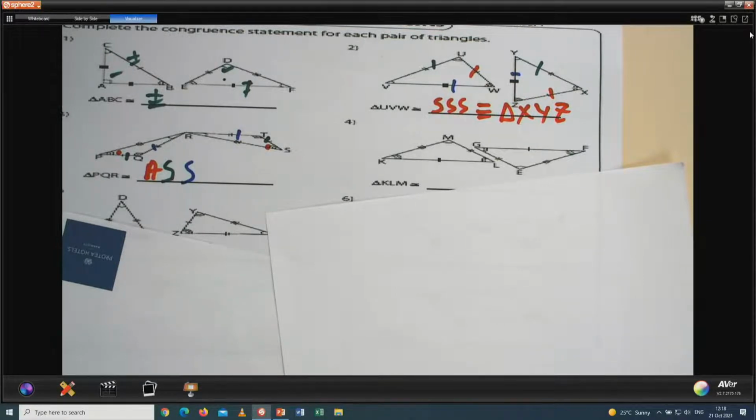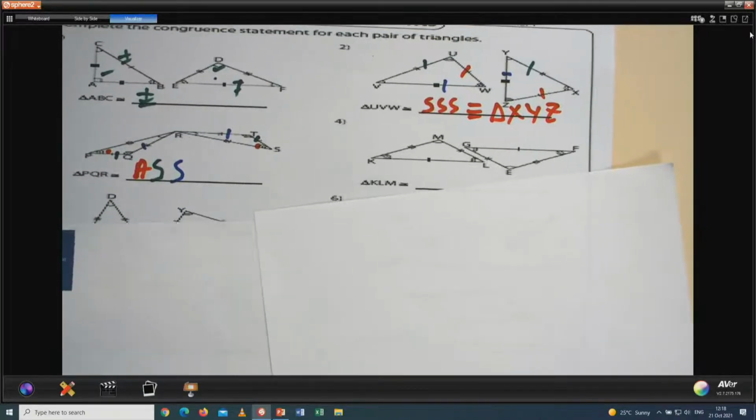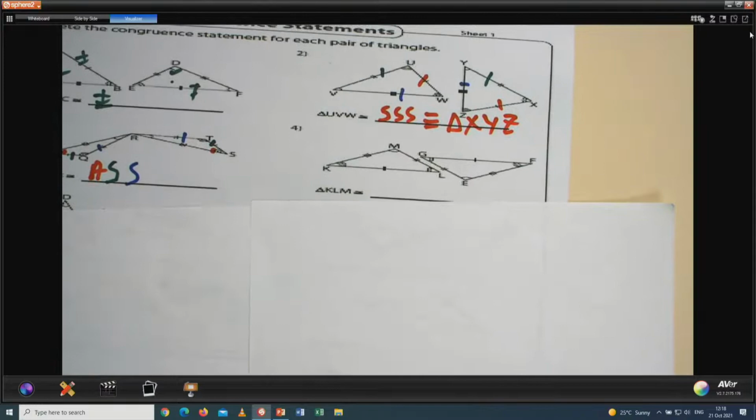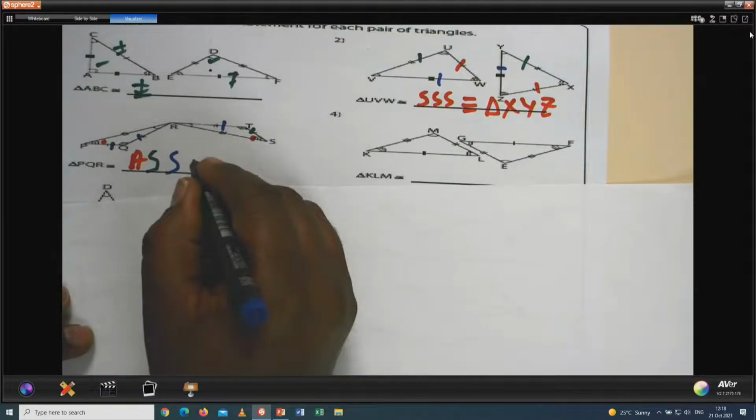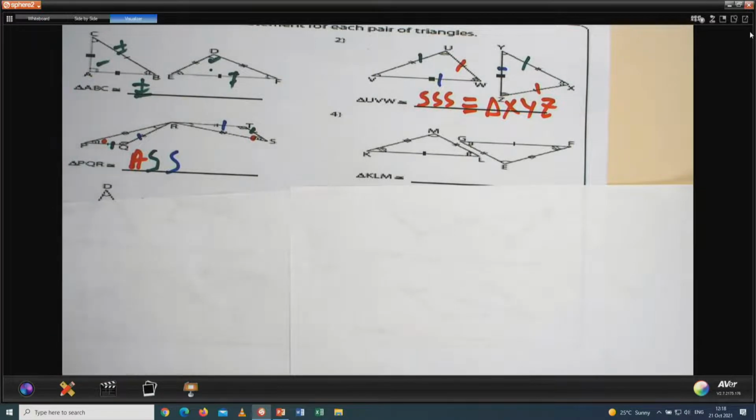But like I said, you can do it as long as you see these three properties equal to each other, then you are on the right track. Therefore, we can say they are congruent.